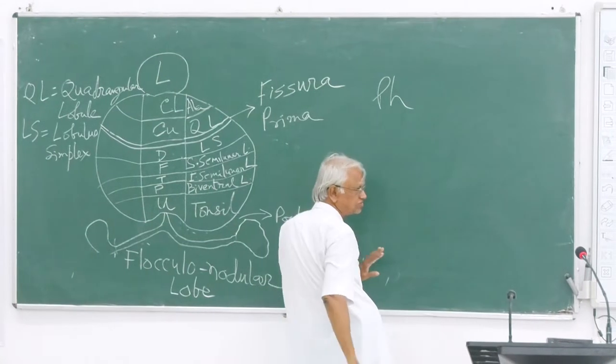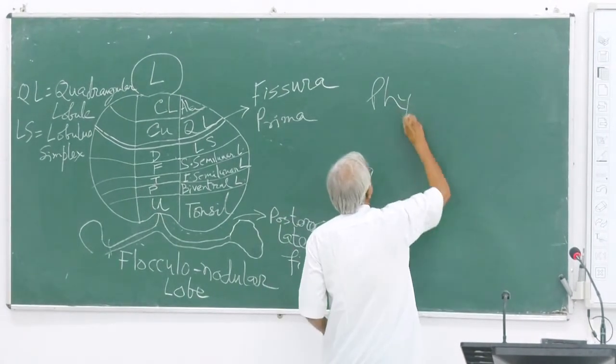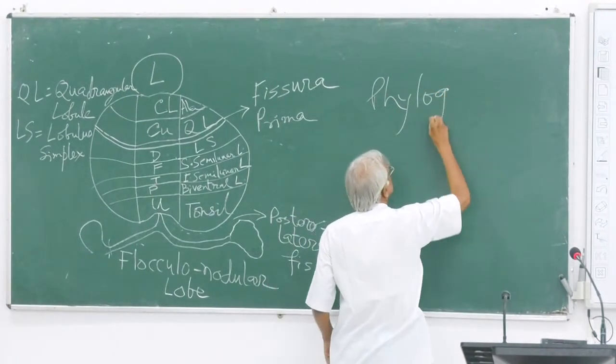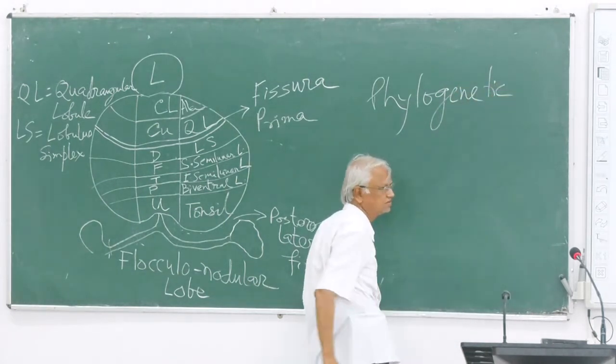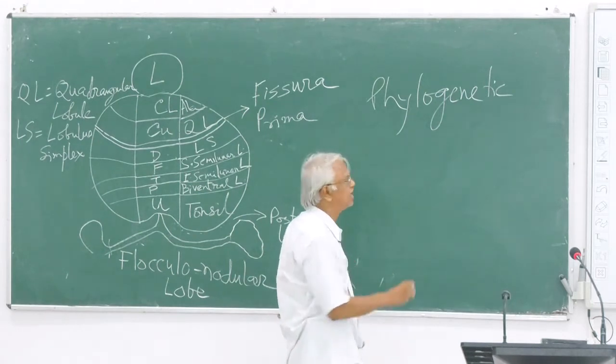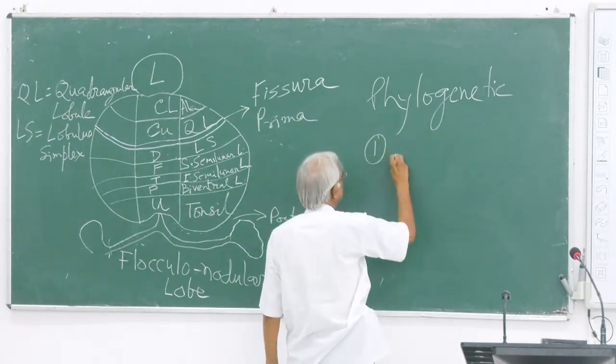So what is anatomical development? The oldest part is called the archicerebellum. Archi, very old.